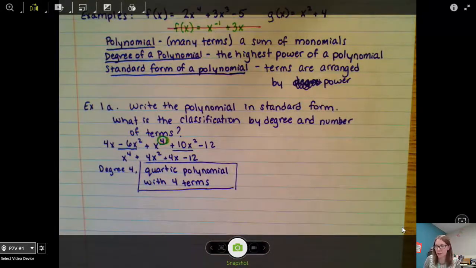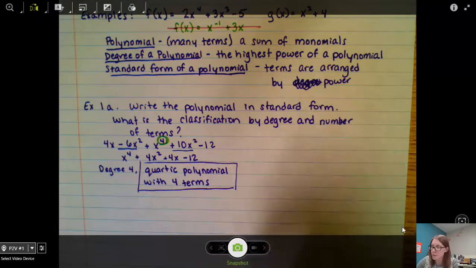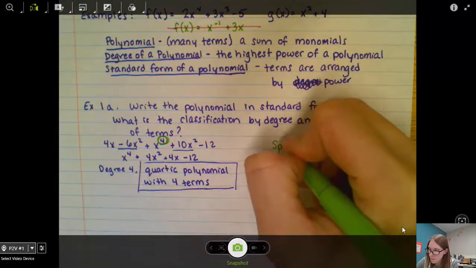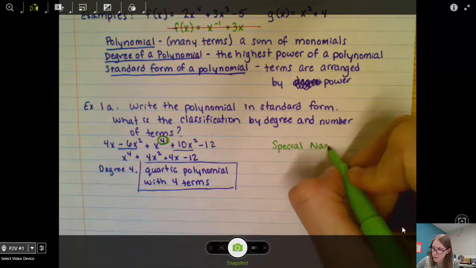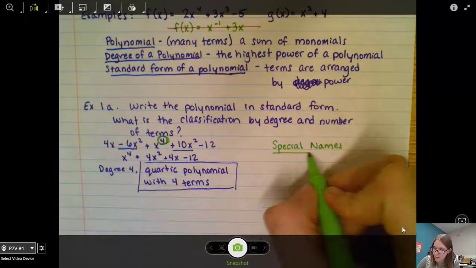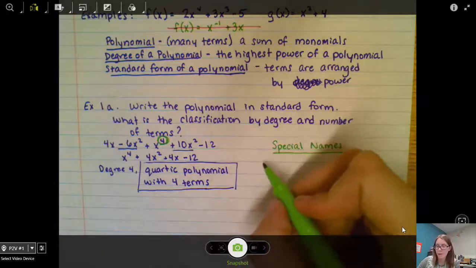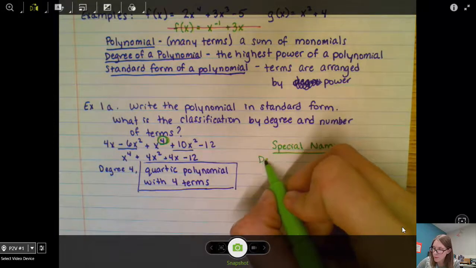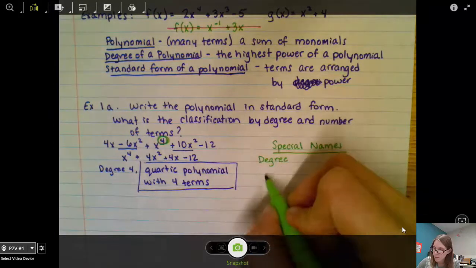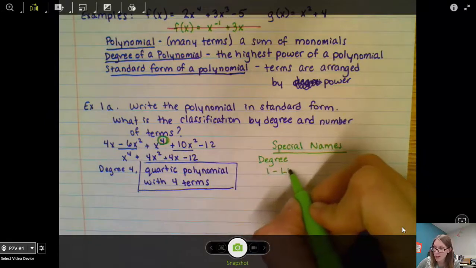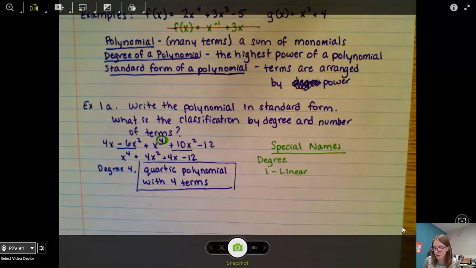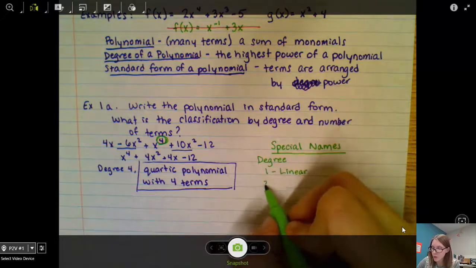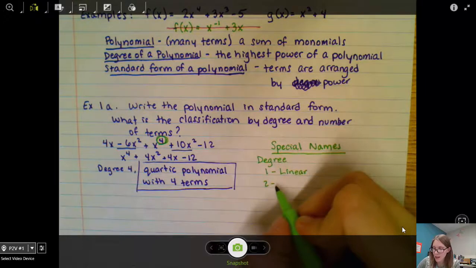So like I said, we have some special names, and I'll write some of our special names over here. Now, if our degree is 1, we'd call that linear, where just x to the 1st power is our highest. If our degree is 2, we'd have x to the 2nd power.